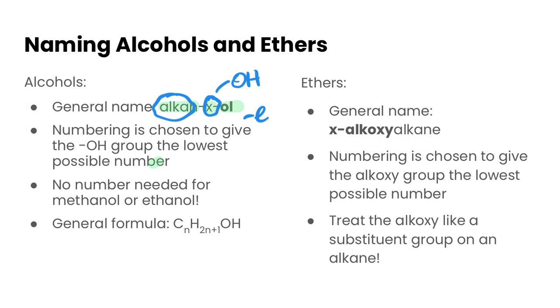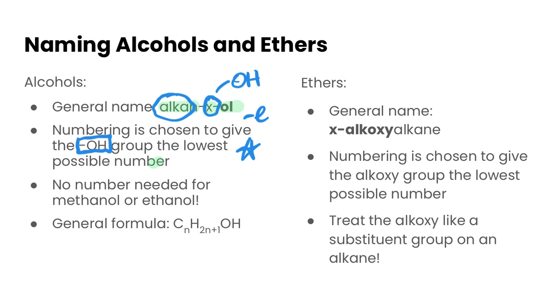In terms of numbering, numbering is chosen to give the hydroxyl group, which is our functional group here, the lowest possible number. So priority is now given to an OH group for numbering.